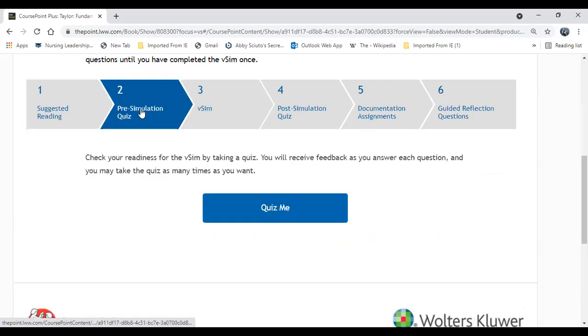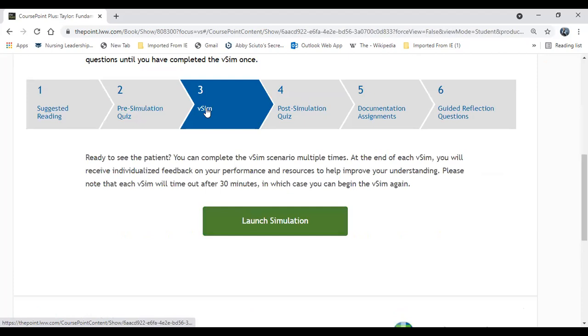When you go through the VSIM, you're expected to do the pre-simulation quiz. You can take it as many times as you want. The VSIM itself, you have to get a minimum of 75. I encourage you to try to get at least an 80 on it. That's what I tell my evening students. I want an 80% because that tells me you really went through it methodically and you understand it. And it's going to help you as you do VSIMs in the future.